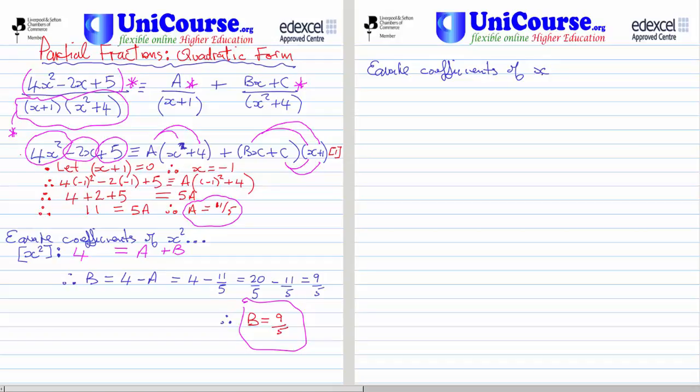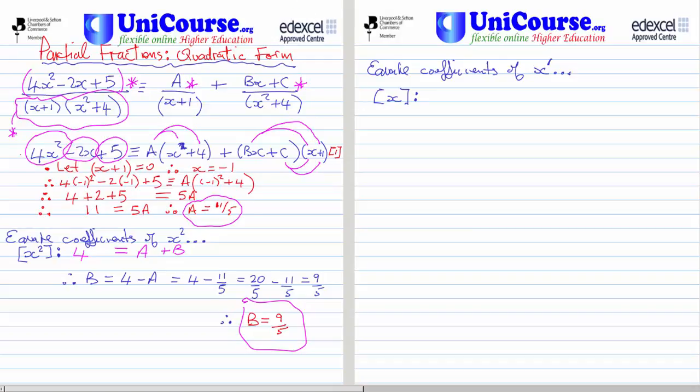Of x, or x to the 1 if you like. It's the same as x. So we're going to equate coefficients of x. We're going to do the same thing as we did previously, but we're just treating the x family now rather than the x squared family.